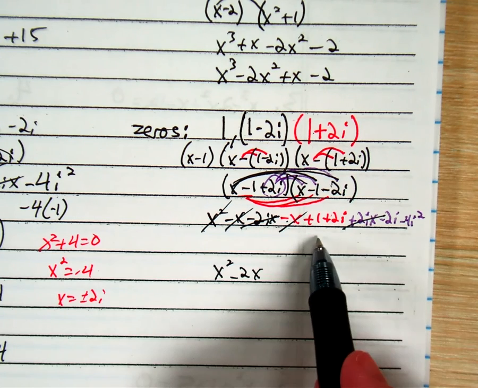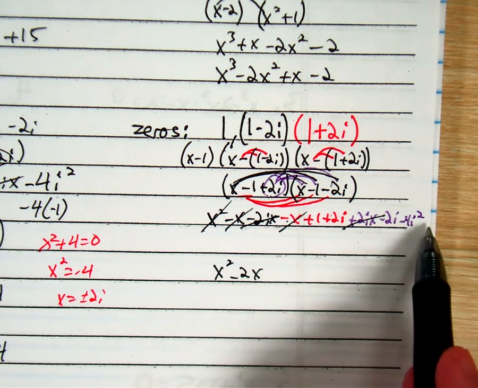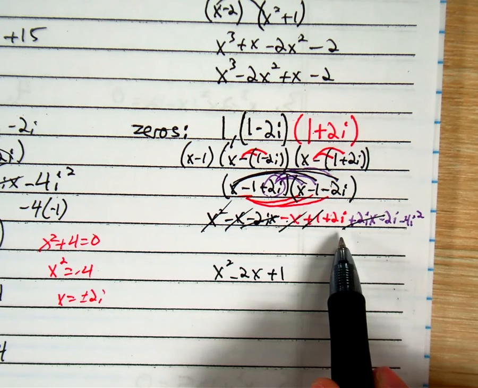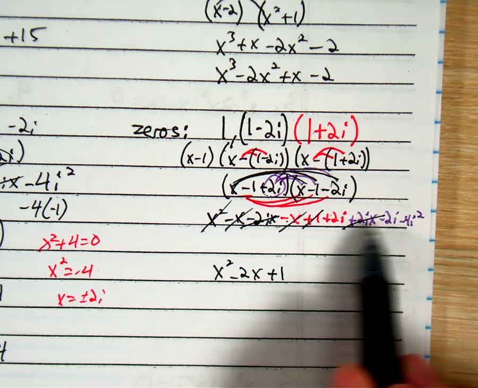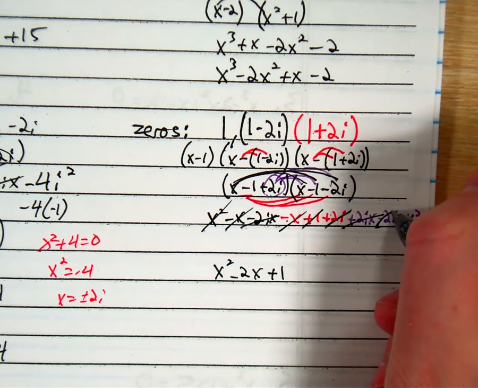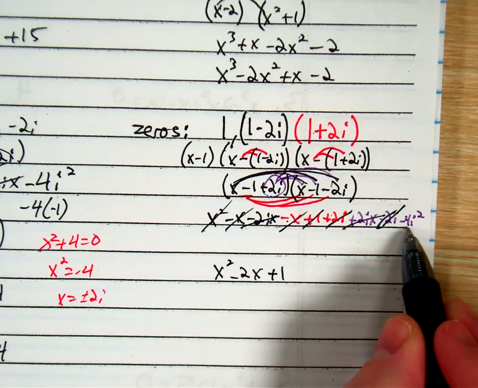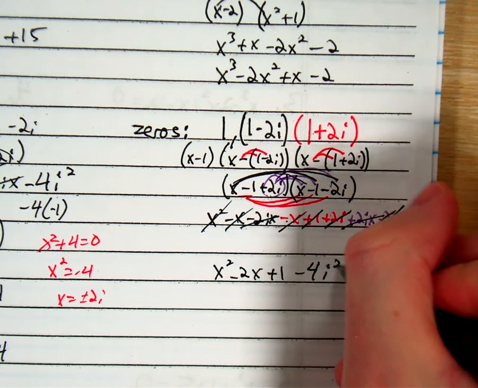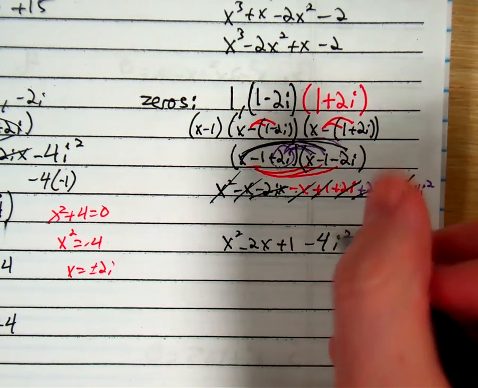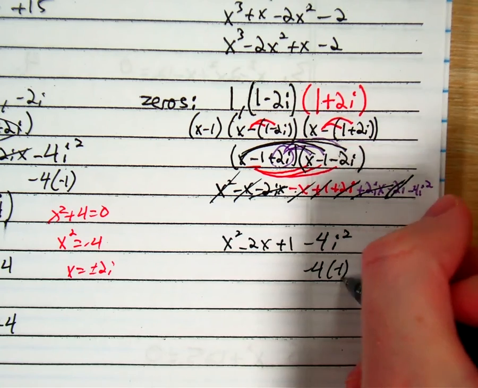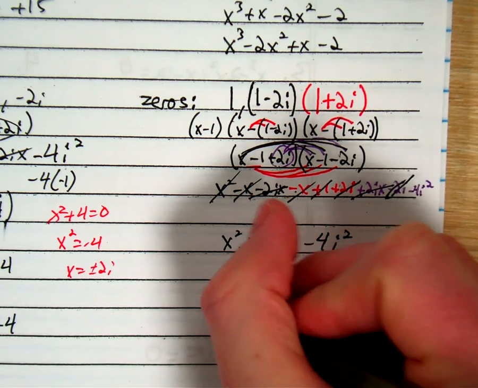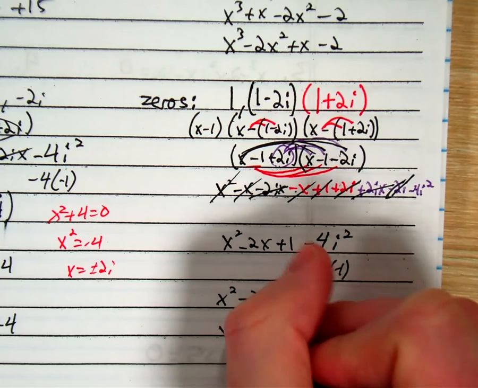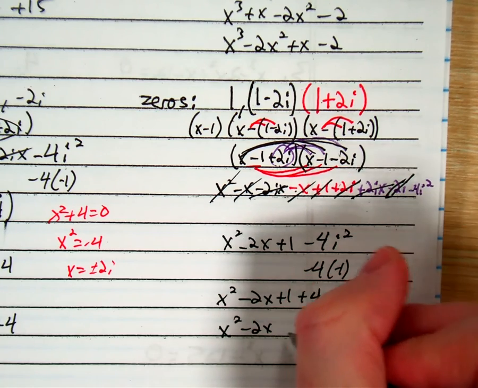Regular number, plus 1. No other regular numbers yet. Imaginary numbers, plus 2i and minus 2i, cancel. And then we have minus 4i squared. Remember, i squared is negative 1, so that's going to make this a plus 4. Plus 1 plus 4. We got x squared minus 2x plus 5.